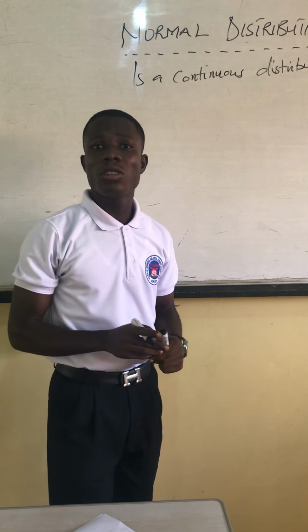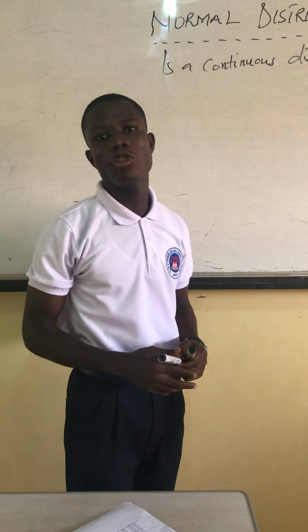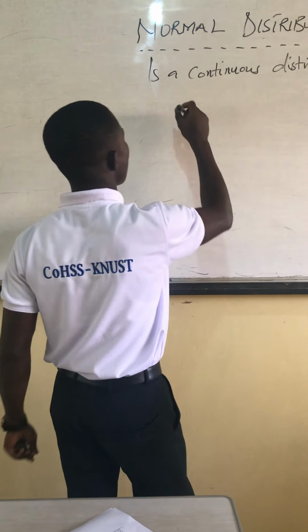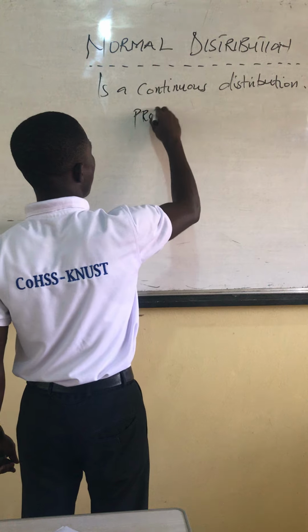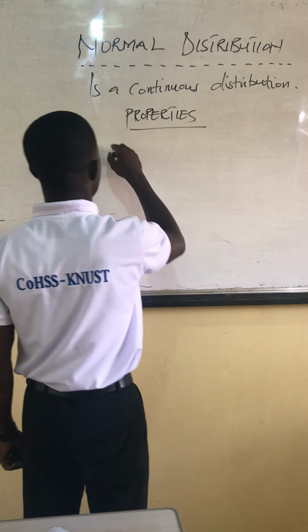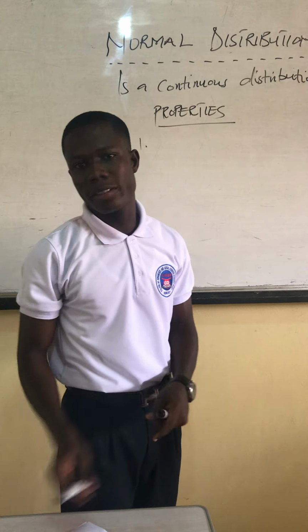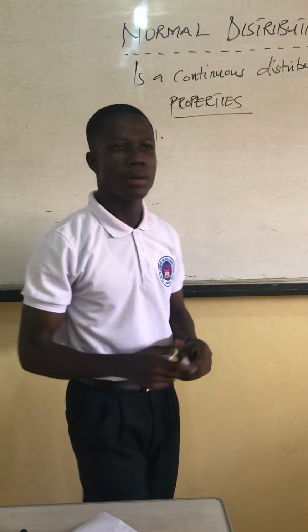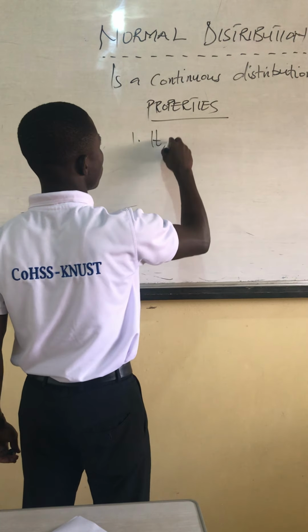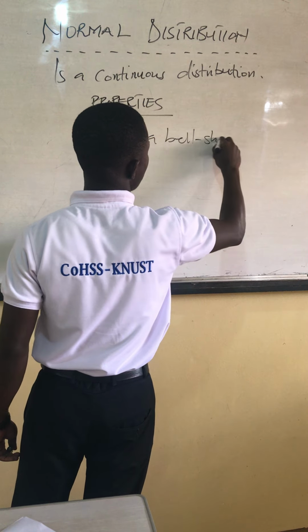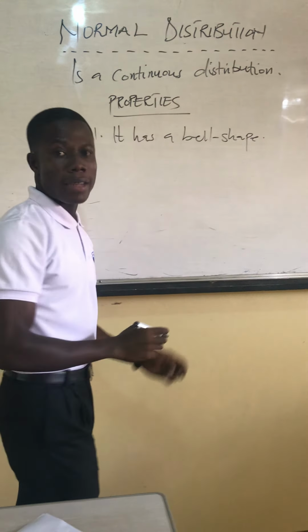So with normal distribution, we have properties of normal distribution. Now let's look at the properties of normal distribution. The first property of normal distribution is that it has a bell shape. That's the first property.